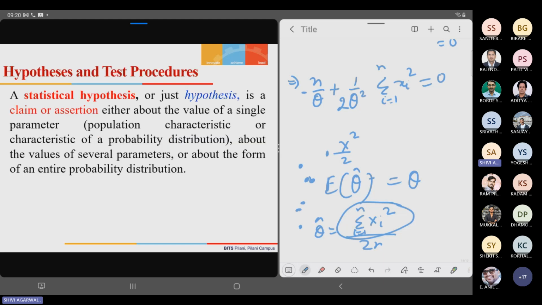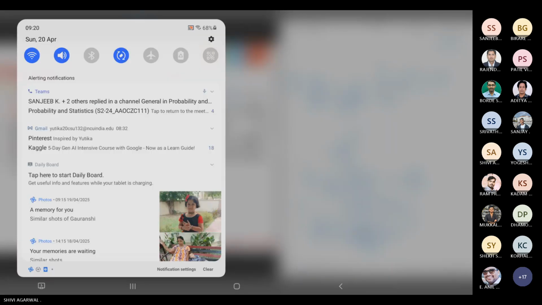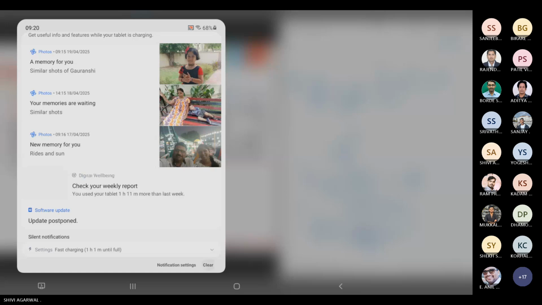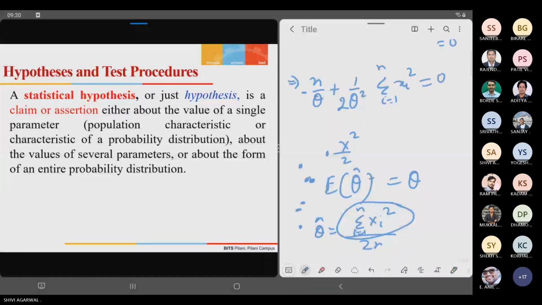So before doing this, I will just take a break to go through this definition, and then I will come back to do the test of hypothesis, that is section number 7.5. Correct.